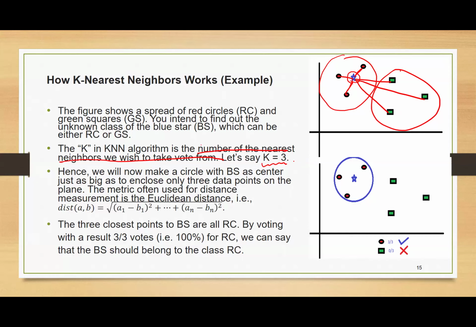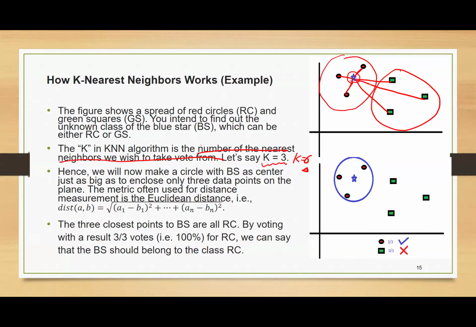However, if we set K equal to 6, I mean, in binary classification, usually we use an odd number. We don't use an even number, okay? But just for example here, if we use K as 6, we will find 6 nearest neighbors, and the 6 nearest neighbors contain all the points here.